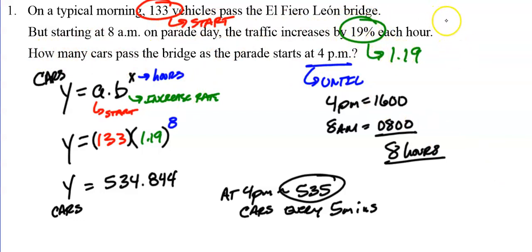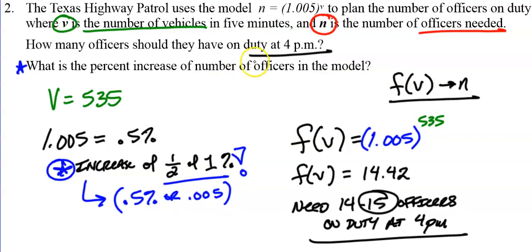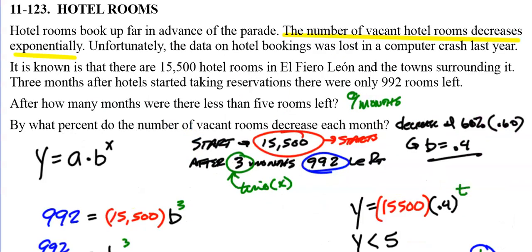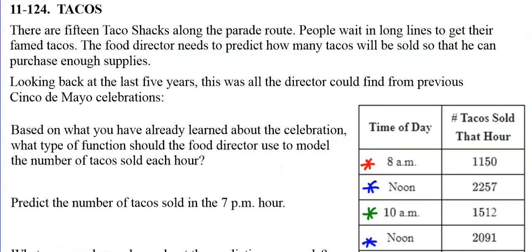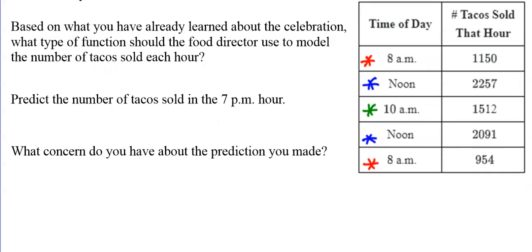This one was exponential growth. This one here is exponential as well. For the traffic, we used exponential. For the hotels, it was exponential. Traffic is people coming into town. Hotels are how many people are staying in town.